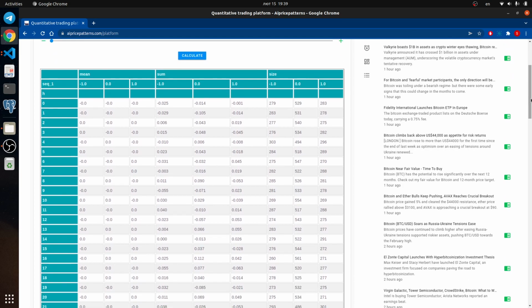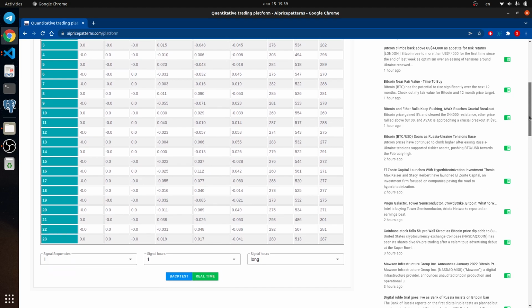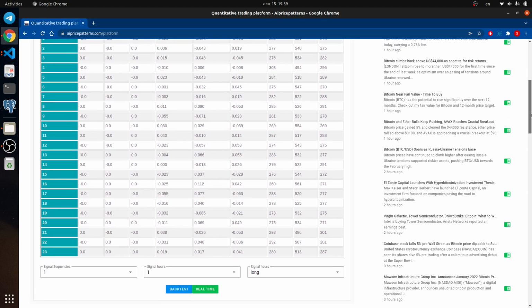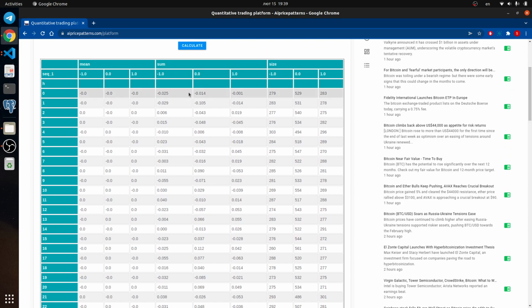It's a very useful table to create ideas, hypotheses, and make some quantitative research. On the left side we have hours, first hour, for example, second hour.